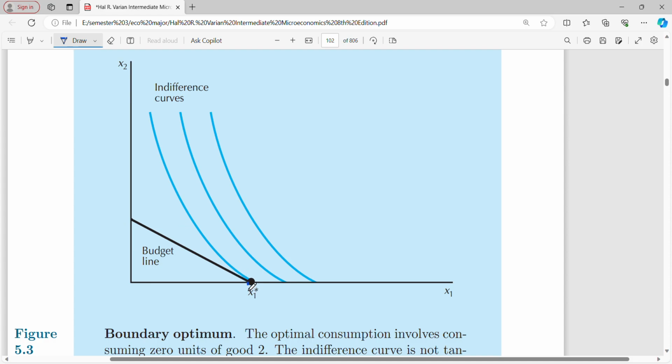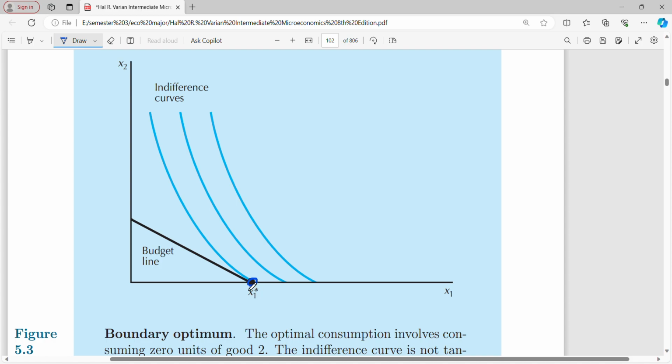So the consumer does not want x2, he only wants x1. Then the optimal choice for him will be x1, because if there is any amount of x2, the consumer won't be satisfied. Optimum choice means what? Most satisfying point, most amount of utils. So the consumer gets that only when he only has x1.